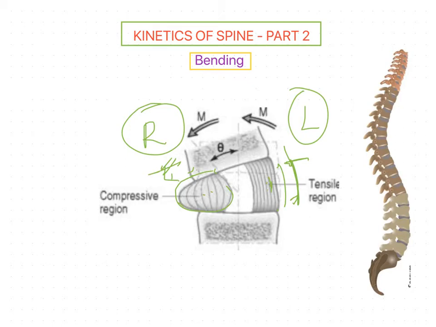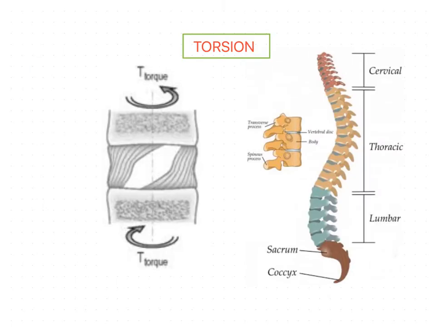Now we'll move on to the next force, that is torsion. Torsional forces are created during axial rotation that occurs as a part of the coupled motions that take place in the spine.